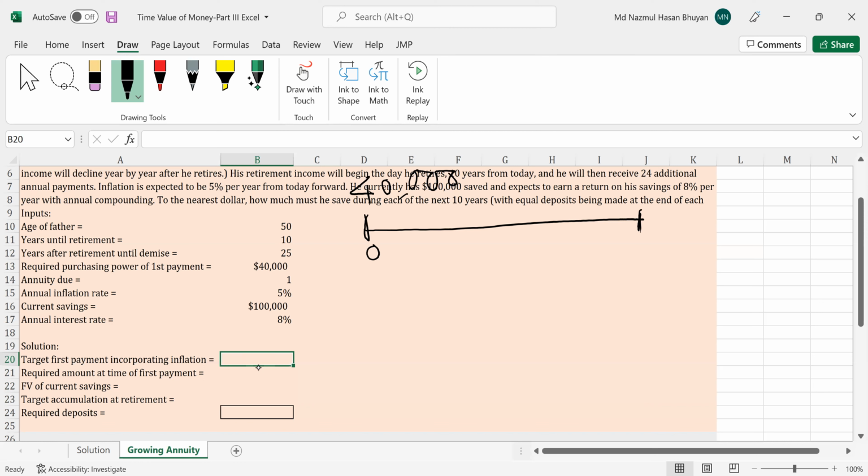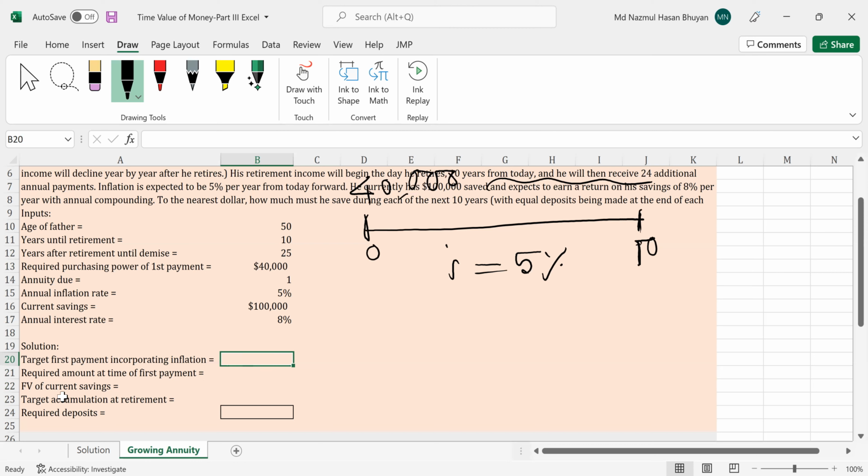Suppose somebody deposits $40,000 today, and you want to know the future value of this $40,000, and what is the interest rate here? The interest rate here should be equivalent to the inflation rate of 5%. So you want to know the future value of $40,000 10 years from now at 5% inflation rate.